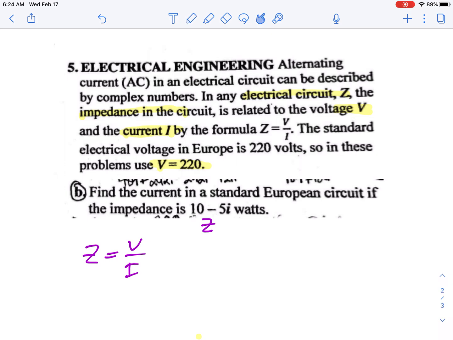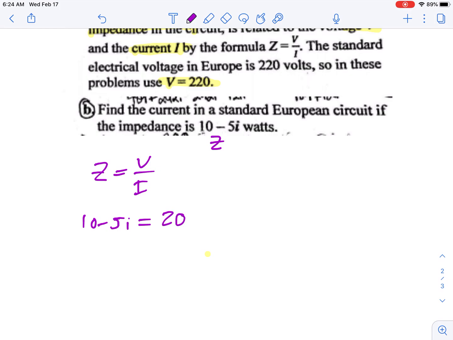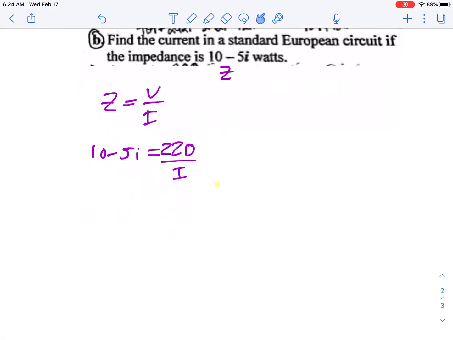Or, since Z is 10 minus 5i, that equals V, which is 220, divided by I. I want to solve for I. Well, I don't like solving an equation with the variable in the denominator. So I'm going to take the reciprocal of both sides.